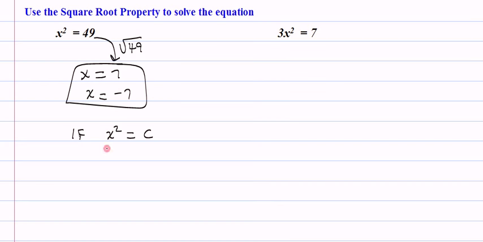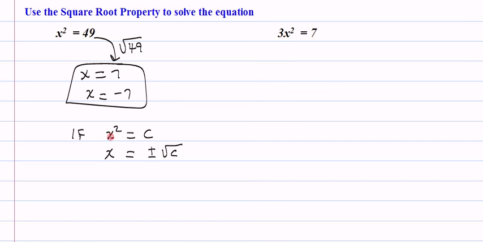If you take the square root of x squared, you get x. If you take the square root of c, you get the square root of c. But remember, there's two solutions. There's a plus and a minus, just like there was up here with the 7s. So this is called the square root property. If x squared is equal to c, then x must equal plus or minus the square root of c.